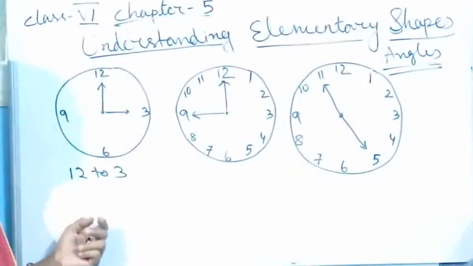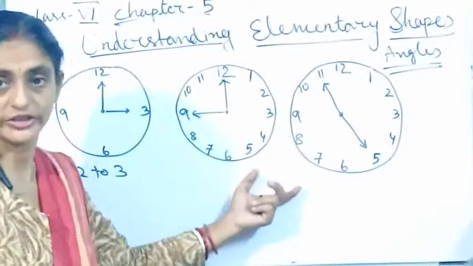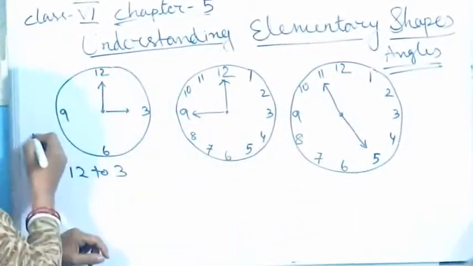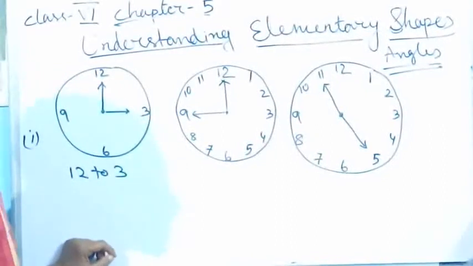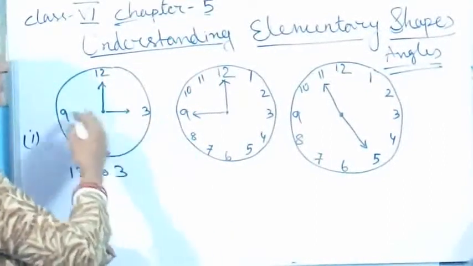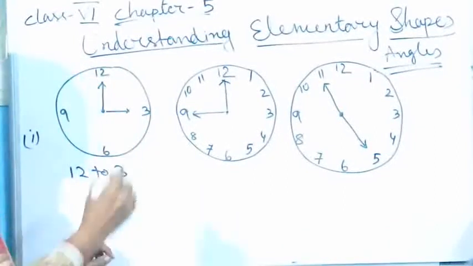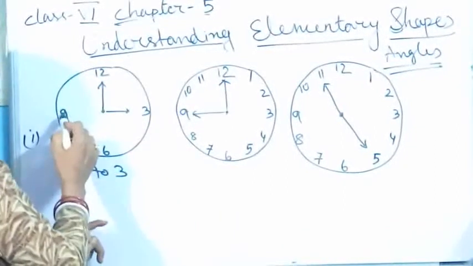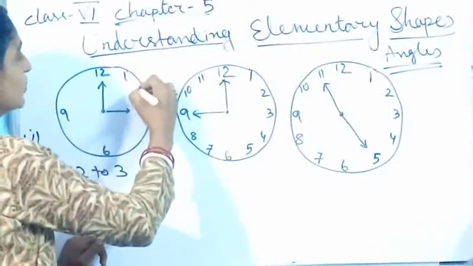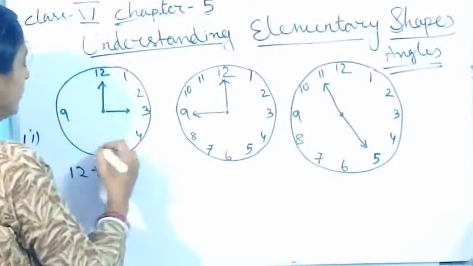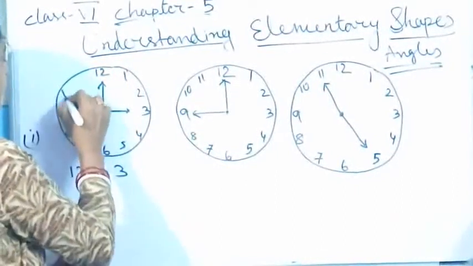Here you can see I have drawn a clock. Let it be the first one. Here I have marked only some numbers for your basic idea. These are the main 4 parts of the clock: 12, 3, 6 and 9. In between, you have 1, 2, here you can write 4, 5, here 7, 8, here 10, 11.